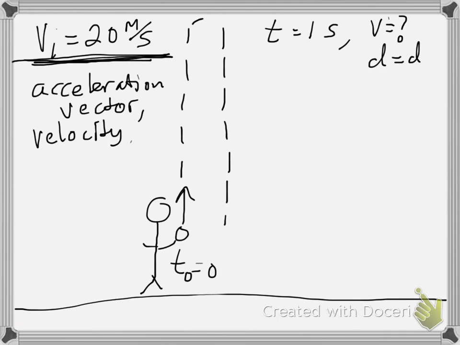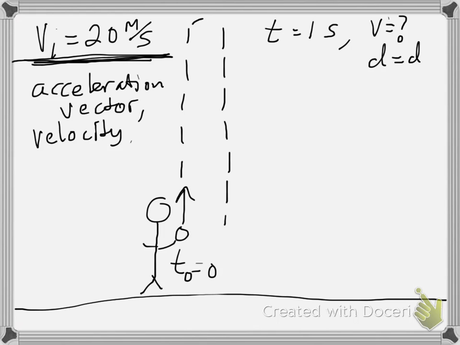Well, it turns out that to describe this type of motion, it pays to define your coordinate system. When we're talking about a coordinate system, essentially we're talking about a way to define positive and negative. And if you're only moving in one direction, i.e. up and down, as opposed to up and down and side to side, then we only need to define one direction as positive and one direction as negative.